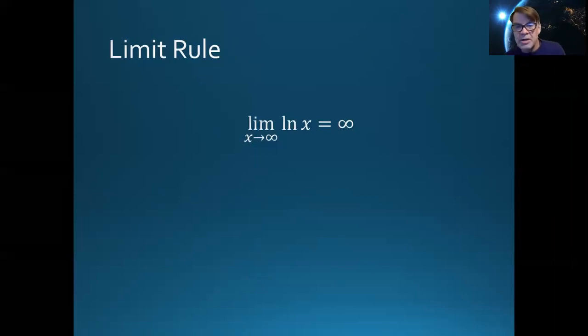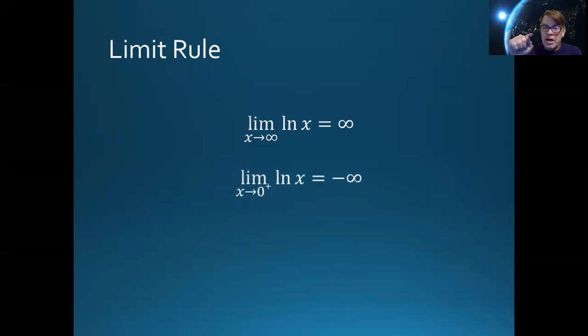So the limit as x approaches infinity of the natural log of x is infinity. However, when you approach 0 from the positive side, there's an asymptote at x equals 0, and so it goes down to negative infinity as you approach 0 from the positive side.